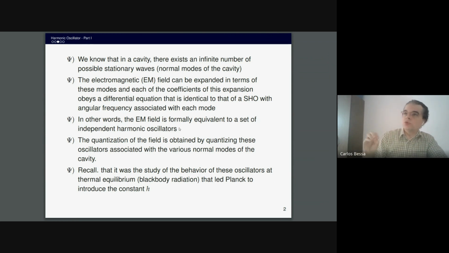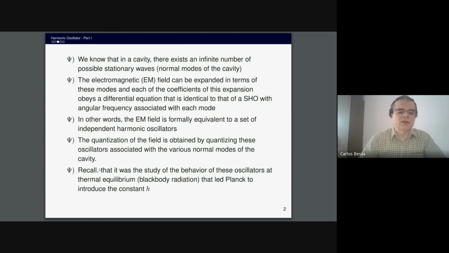So it's important that we learn how to quantize harmonic oscillators, because still in this course we will need to quantize the electromagnetic field, and we will use a lot of the things that we learn today and next Friday. The quantization of the field is obtained by quantizing these oscillators associated with the various normal modes of the cavity.